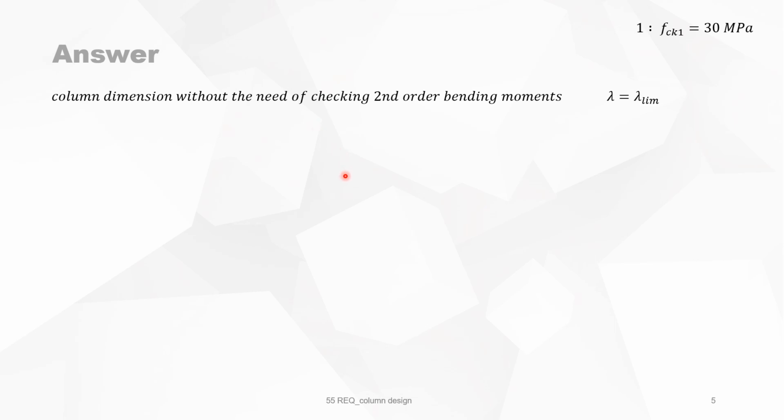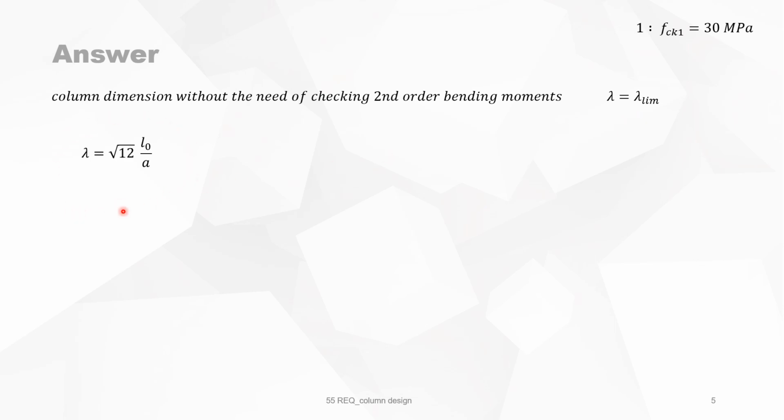Now we take the first case. The concrete quality is 30 megapascal. So what is now the column dimension that is needed so that you do not have to check second order bending moments? This means that lambda must be smaller than lambda limit.